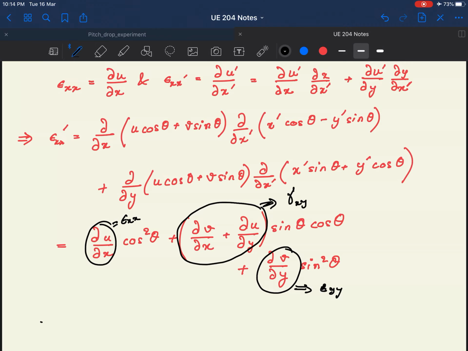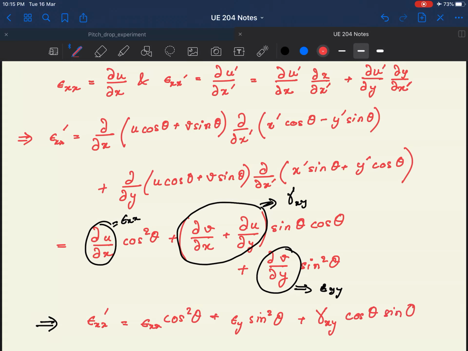So this implies that epsilon xx dash is equal to epsilon xx cosine square theta plus epsilon yy sine square theta plus gamma xy cosine theta sine theta.